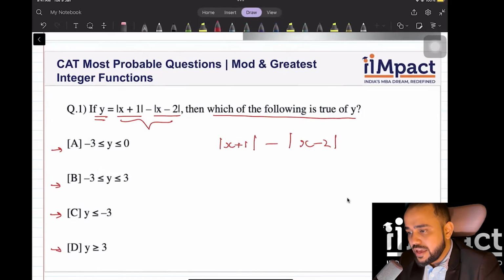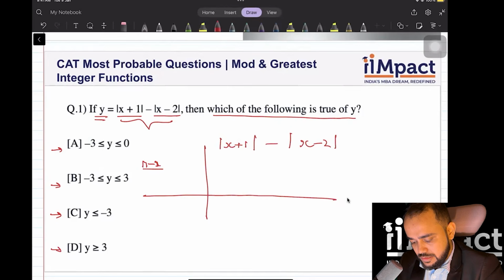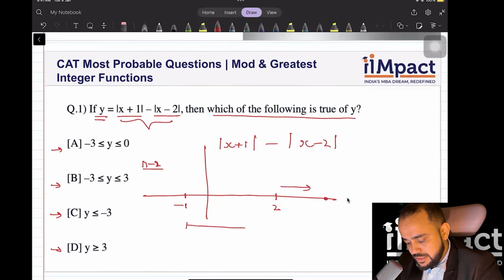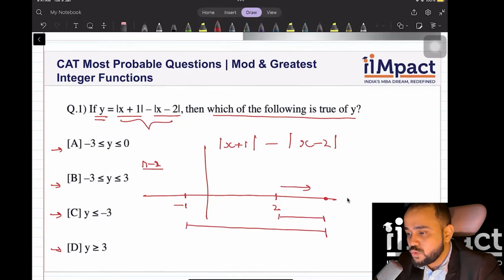Now the best method to do this, which will be our method 1, is to interpret this as a difference of distance. If I plot this on the x-axis, this is x is equal to minus 1, and this is x is equal to 2. Any point on this side of 2 will have a distance from minus 1 and a distance from x is equal to 2.